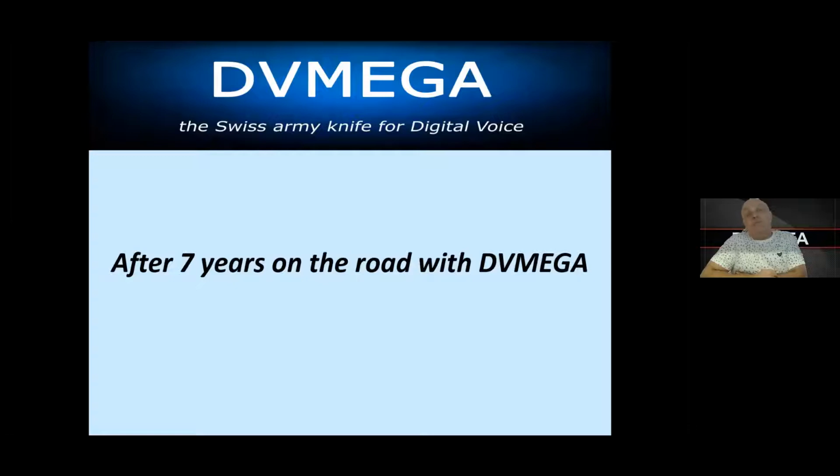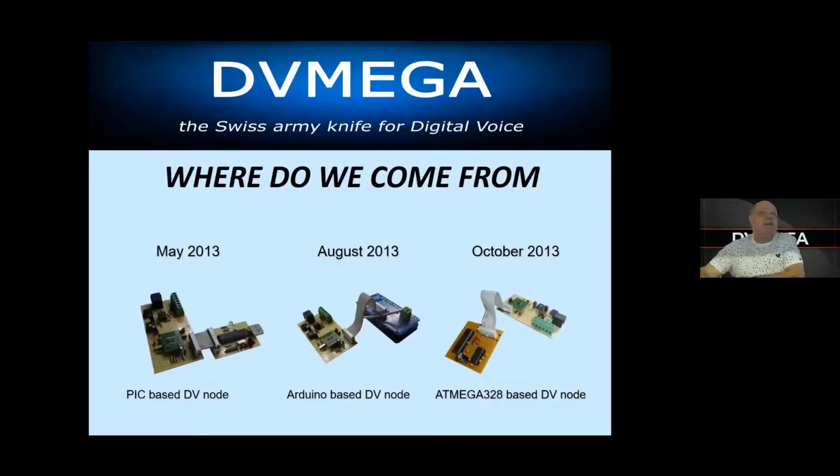So in fact what I learned about the different modes and protocols is that one is simpler than the other. I mean, DMR is much more complicated than D-Star is, also the error correction techniques behind. It took me 7 years to come where I am now, and it all started in May 2013.